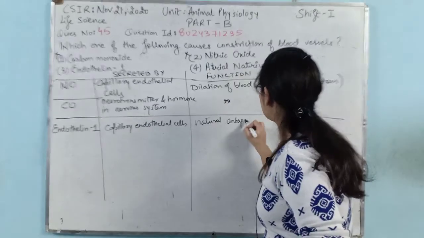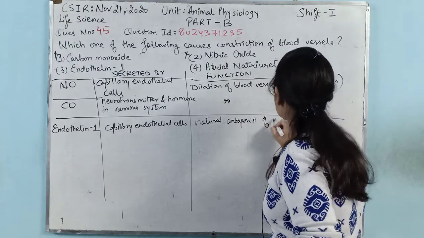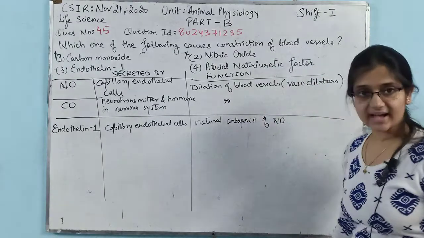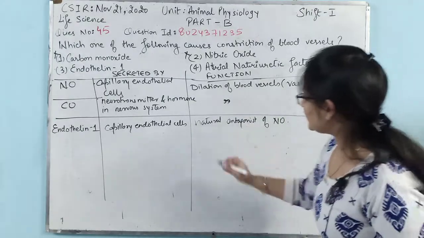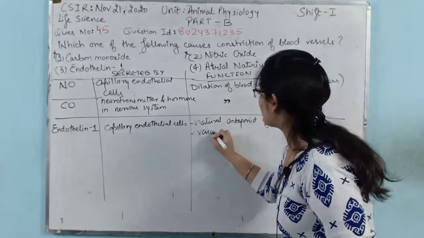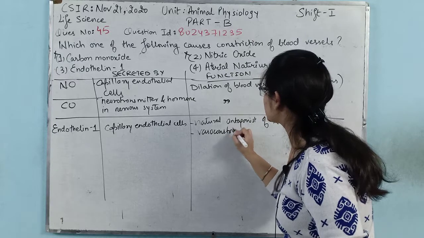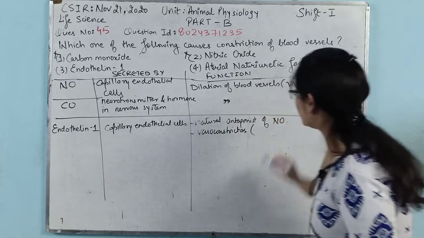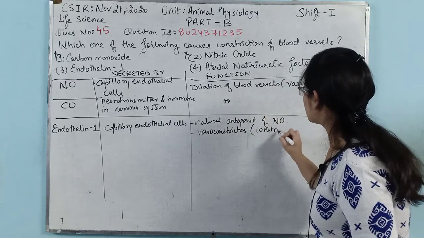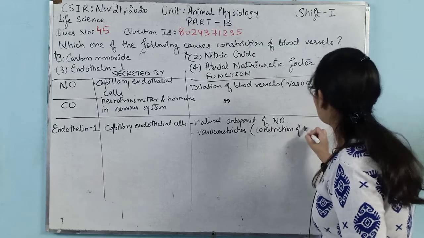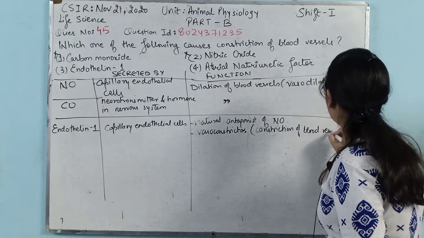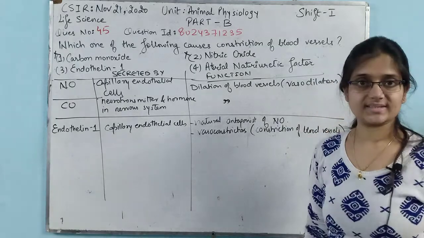These are natural antagonists of nitric oxide and hence these function as vasoconstrictors which cause constriction of blood vessels.